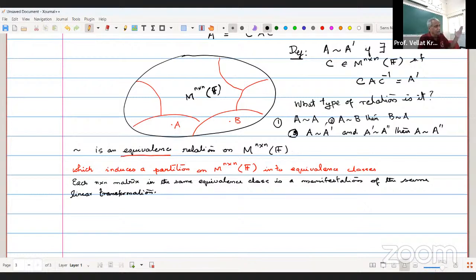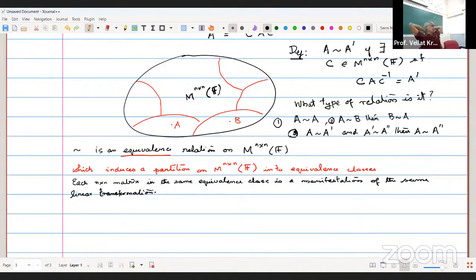If you want a goddess corresponding to wealth, the corresponding manifestation is Lakshmi, and so on. It is something like that. You take two representations which are related to one another. They represent one and the same linear transformation. That's the interesting thing. Therefore, each block represents the same linear transformation.